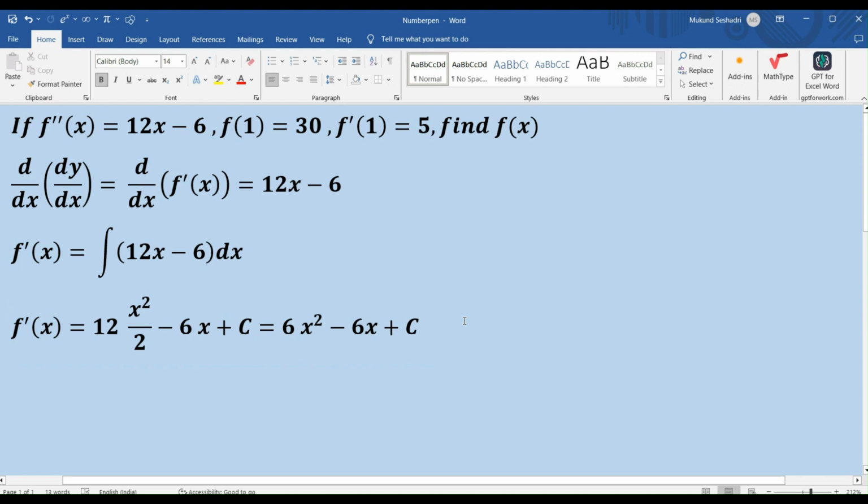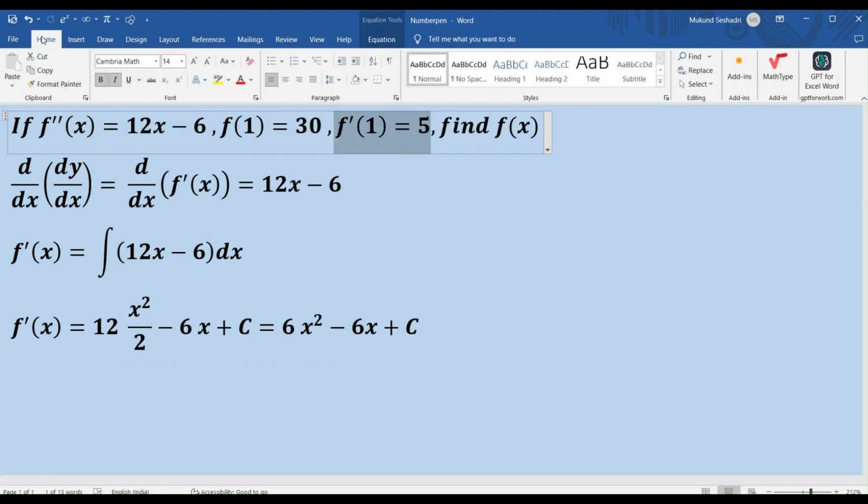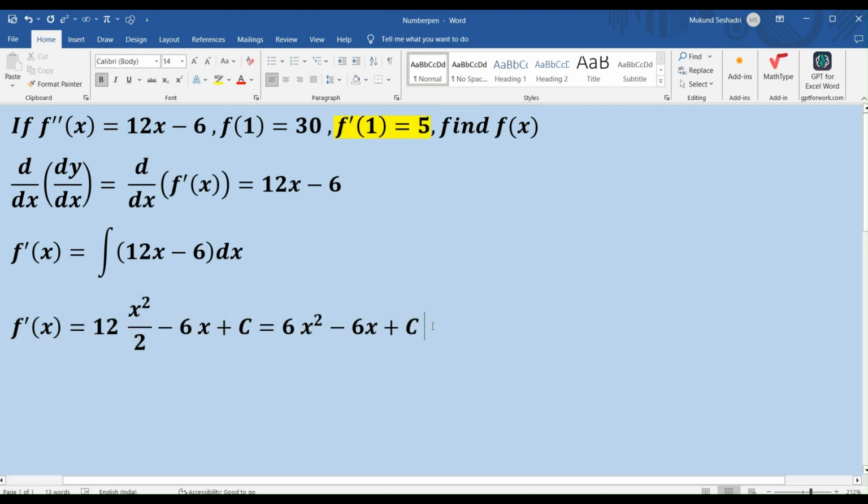And we've been given f dash of 1 equals 5, drawing your attention to what we have been given in the beginning of the problem. Let me highlight it in, say, yellow. Now I can do something with this.